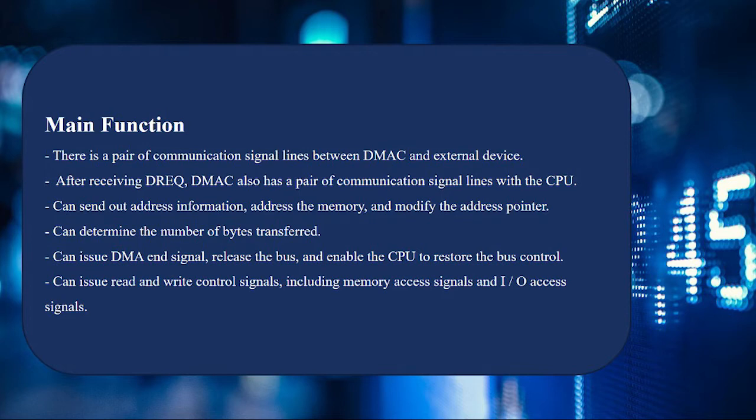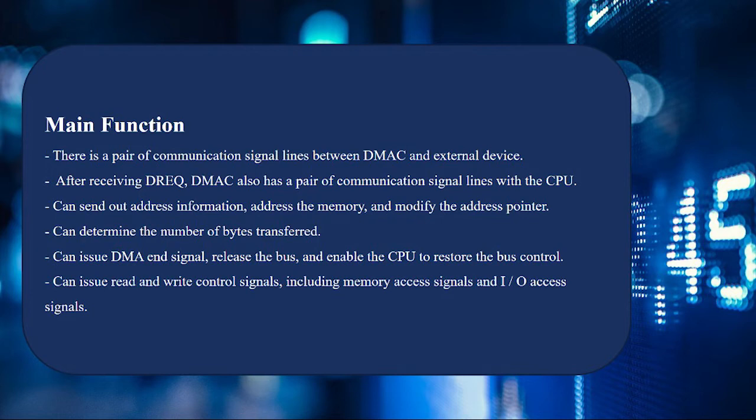It can send out address information, address the memory, and modify the address pointer. The DMAC must have an address register that can automatically increase or decrease by 1. It can determine the number of bytes to transfer and determine if the DMA transfer is over.